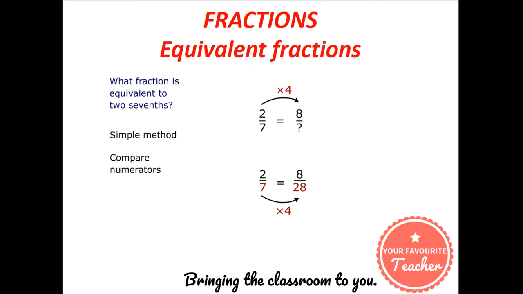So we have to say 7 multiplied by 4, which is 28, would be our answer. So 2/7 is equivalent to 8/28.